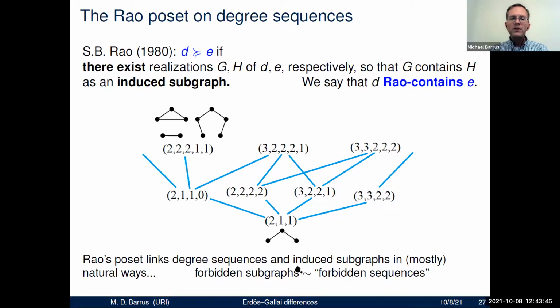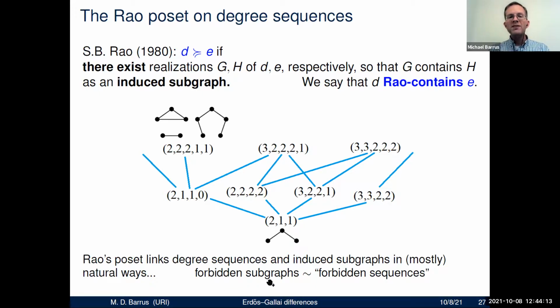This is a wonderful poset for a couple different reasons. And one of them has to do with any kind of problem involving both induced subgraphs and degree sequence characterizations. You may have noticed that all of our graph classes, the threshold graphs, the weakly threshold graphs, even the split graphs, have forbidden subgraph characterizations. They also have degree sequence characterizations.